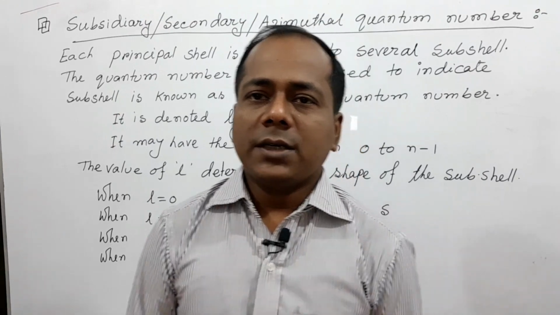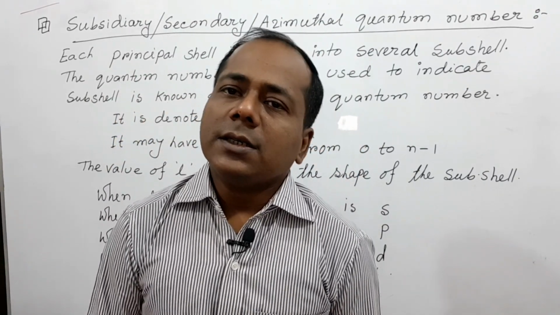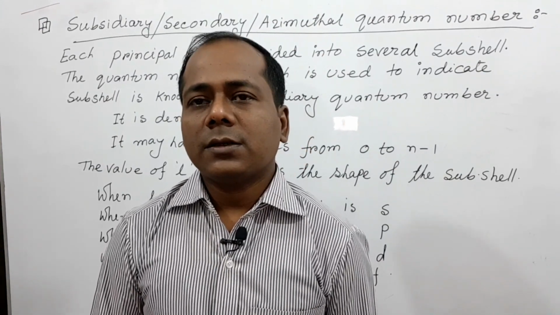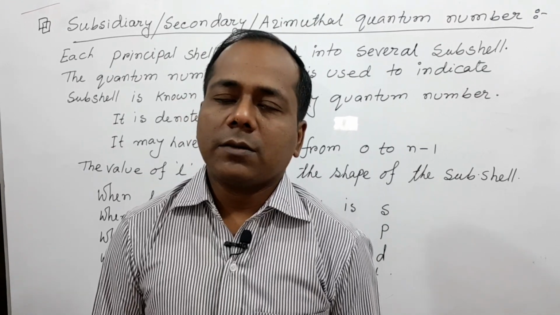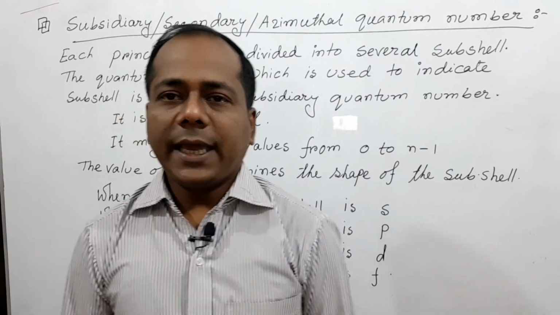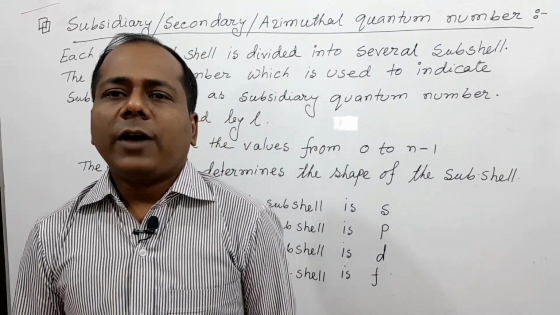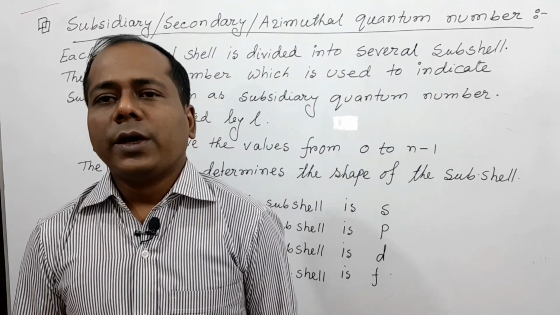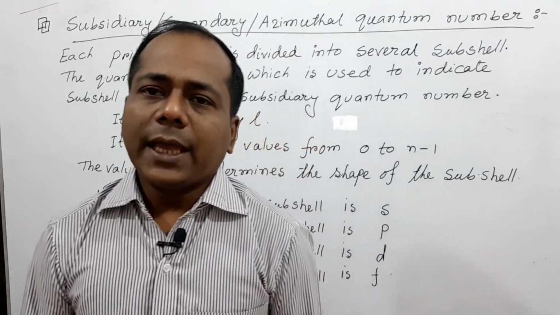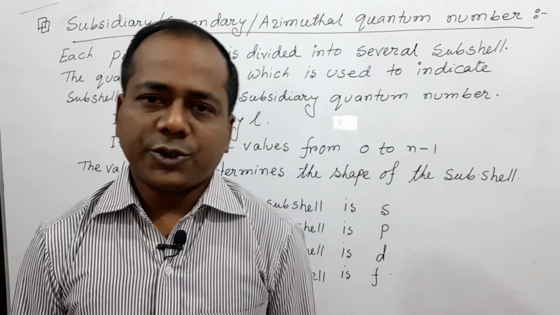The quantum number which is used to indicate subshell is known as subsidiary quantum number or azimuthal quantum number or secondary quantum number. It is denoted by L. It may have the value from 0 to n minus 1. The values of L determine the shape of the subshell.